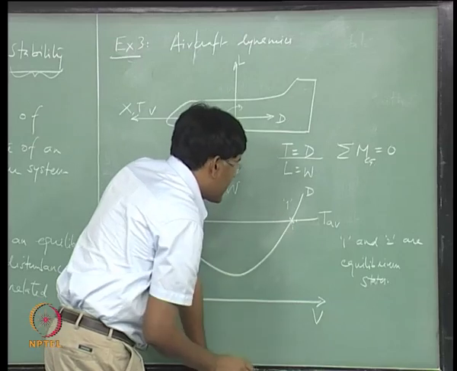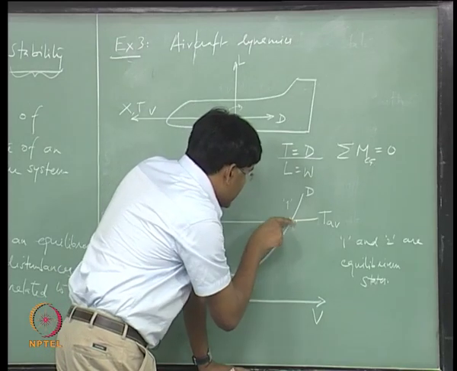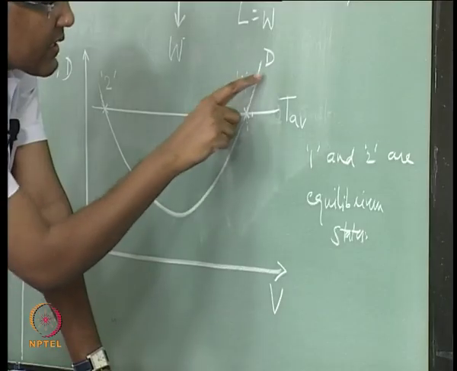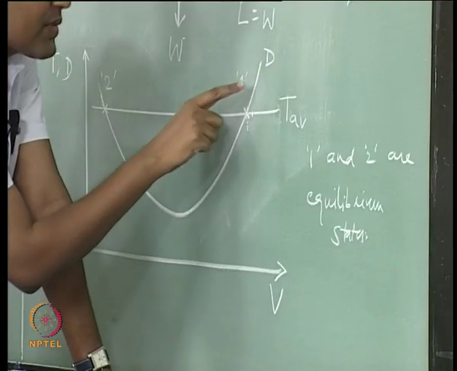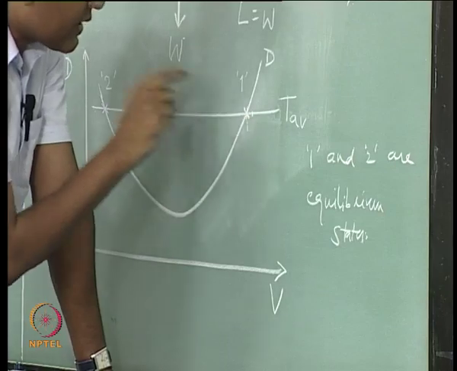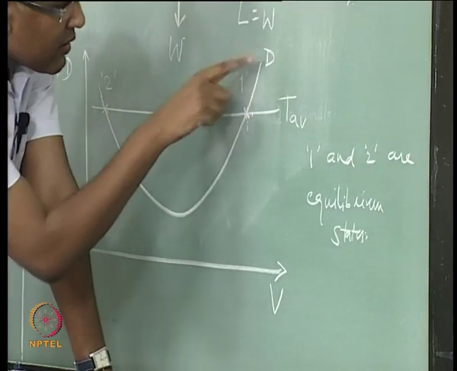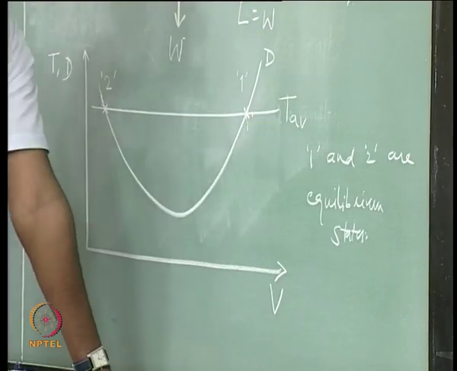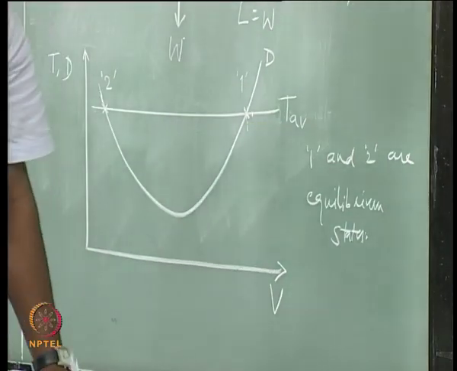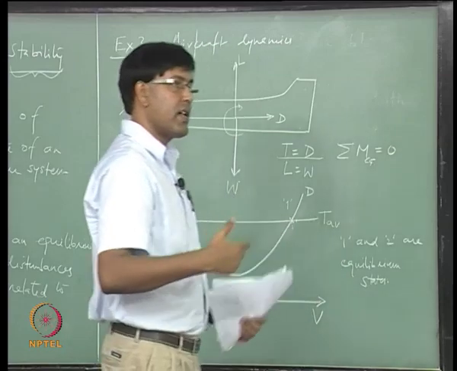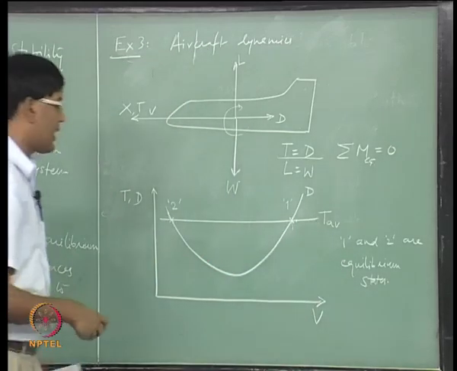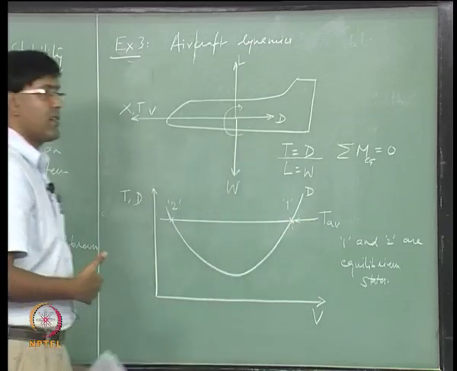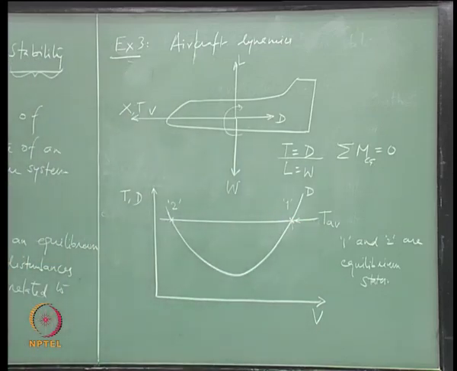Now, drag is going to go up according to this curve, and it becomes more than the thrust which is available. So, automatically there is a deceleration of aircraft which is trying to bring it back.